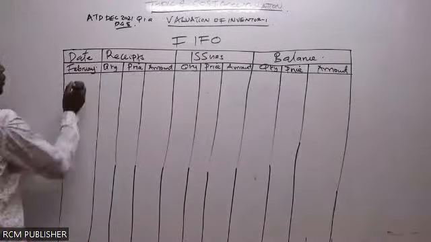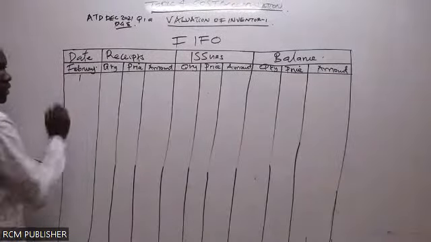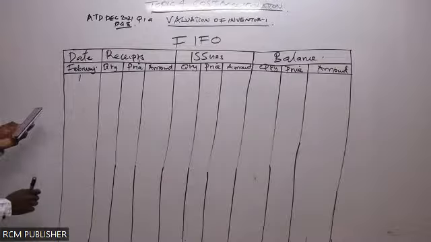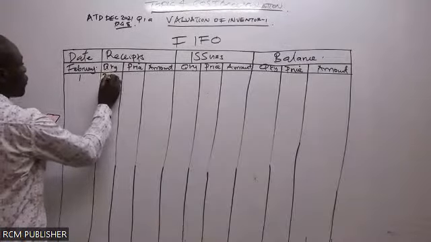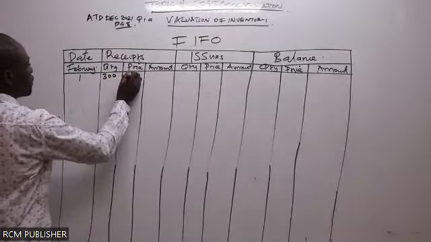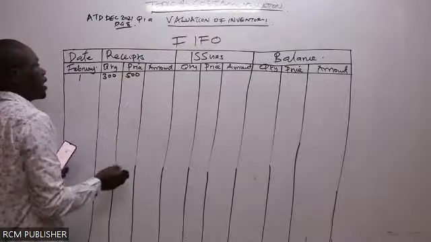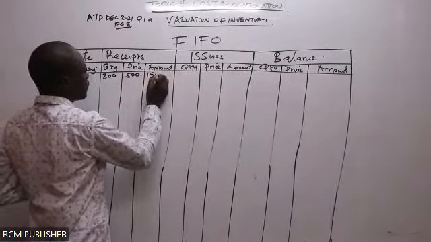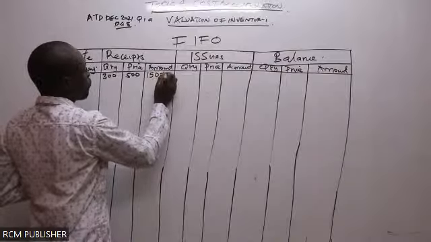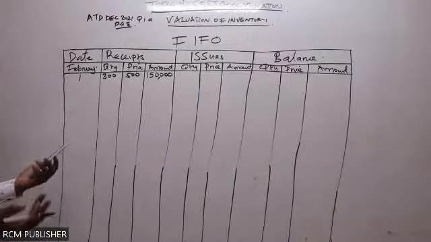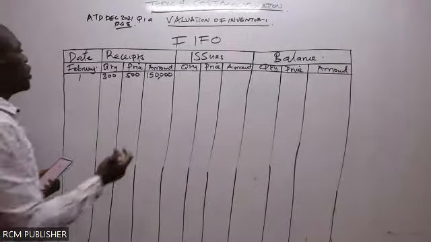Once you're done with that, you just indicate the first date of our February, on which we have the opening stock. This opening stock, we are told, is 300 units at 500, so we are going to have 150,000. That is the opening stock. We need to transfer it.